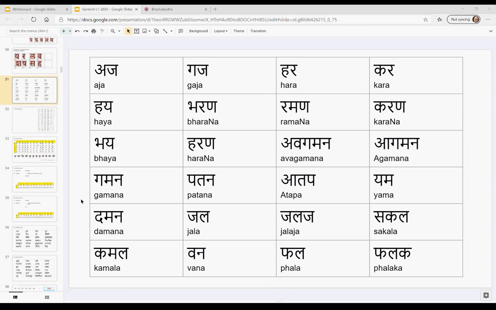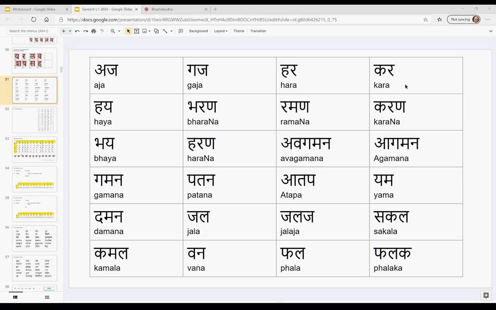Similarly, just for reference, aja means goat, and aja with a long ending means she goat, female goat. Again in spelling, in Romanized form, we can write it like this, or there are different transliteration schemes.